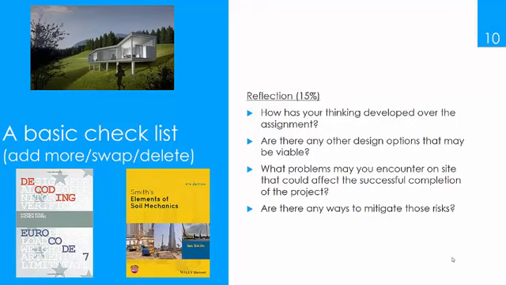As I mentioned before, it could be a location from the area that you're coming from or from an area that you went on holiday to, and so on. And the most important thing that you will need to answer is, are there any ways to mitigate those risks?